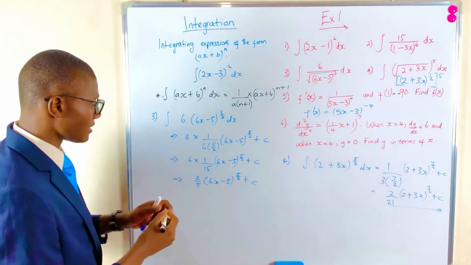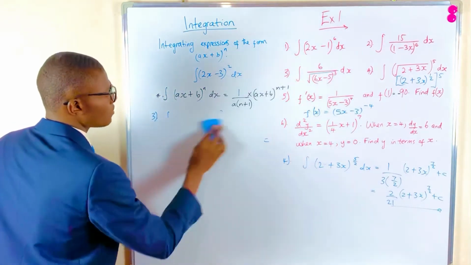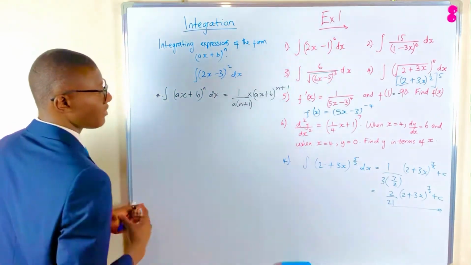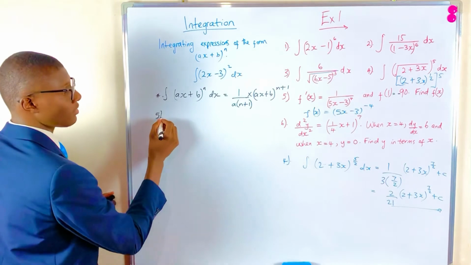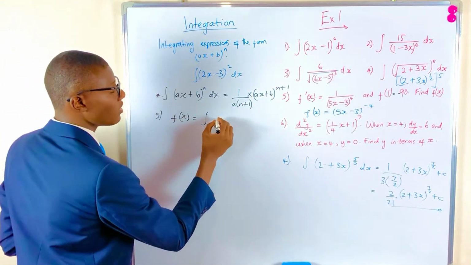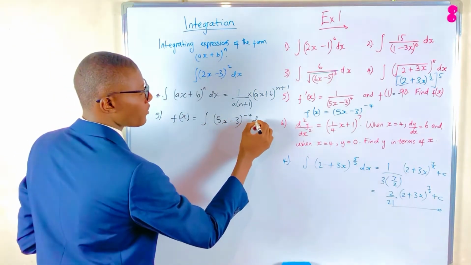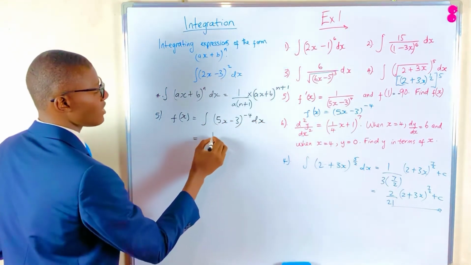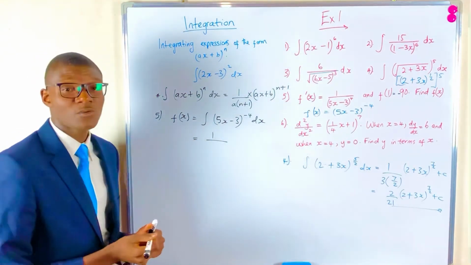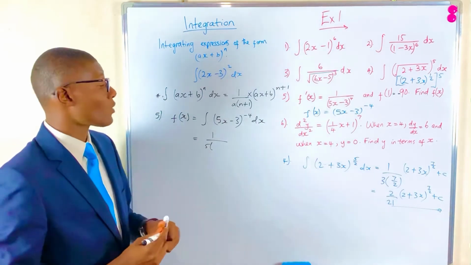So we are saying that for number 5, allow me to erase this part. We're saying that f of x would be equal to the integral of 5x minus 3 raised to the power of minus 4 with respect to x. Then we're saying 1 over the derivative of what's inside the brackets, we've got 5, multiplied by n plus 1.